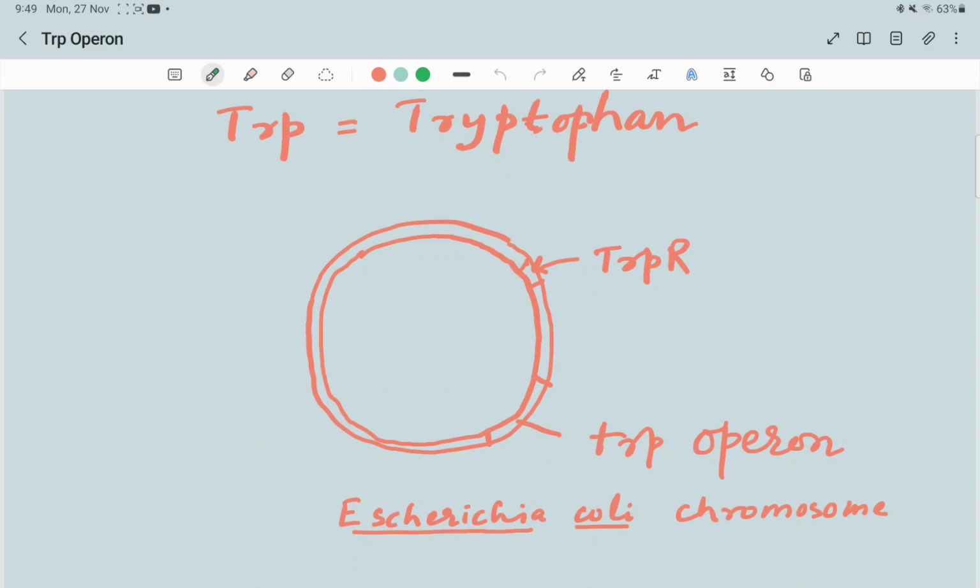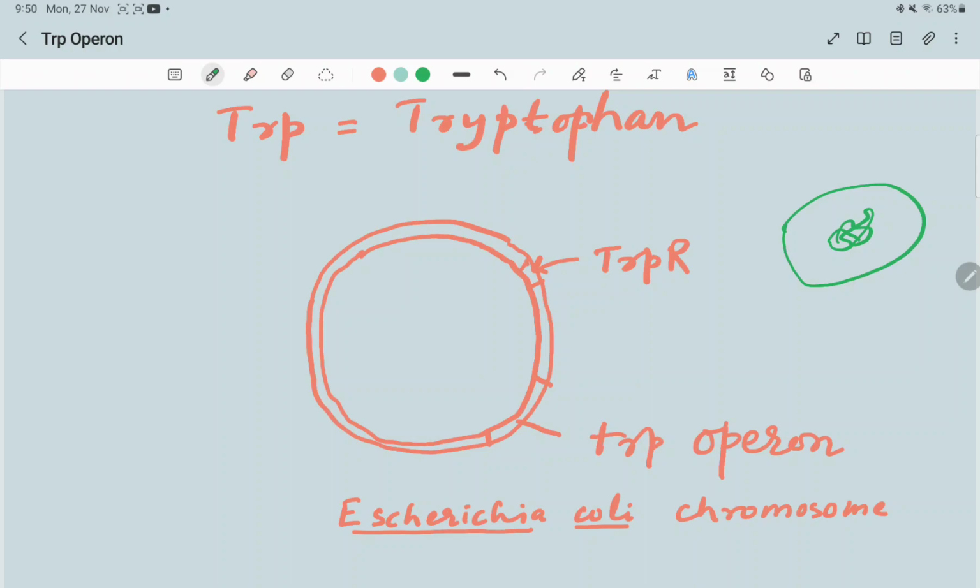and as you know, you can go to our class on operon, where we have already discussed the lac operon. So today we are going to discuss the tryptophan operon. As you know, bacteria is a prokaryote, a single cell, unicellular, without any nucleus, and it has a chromosome.